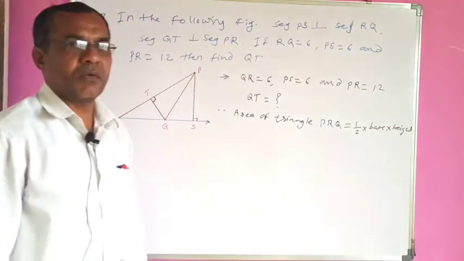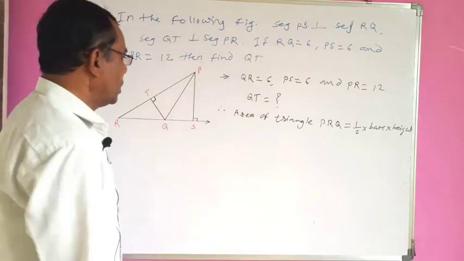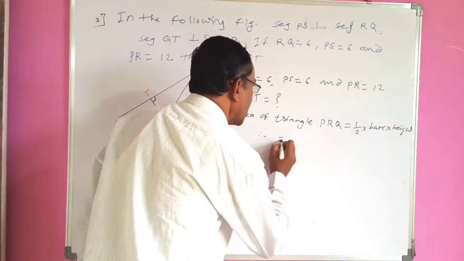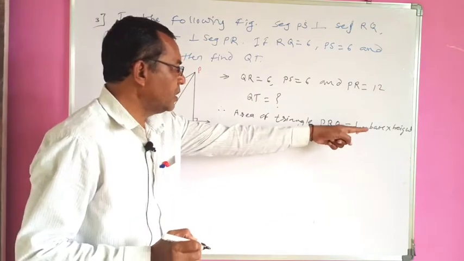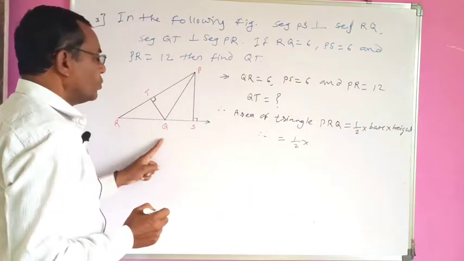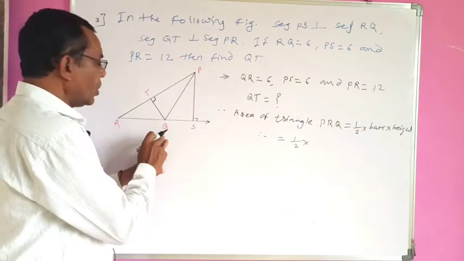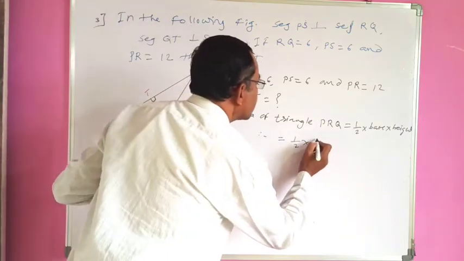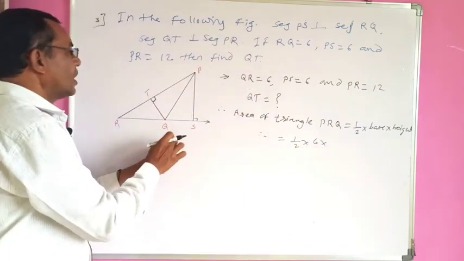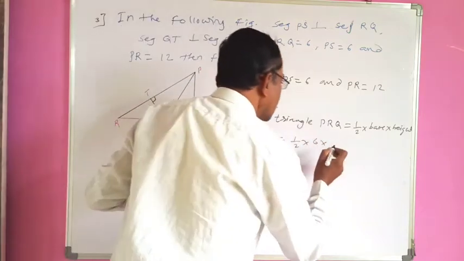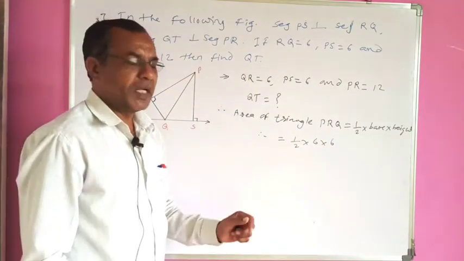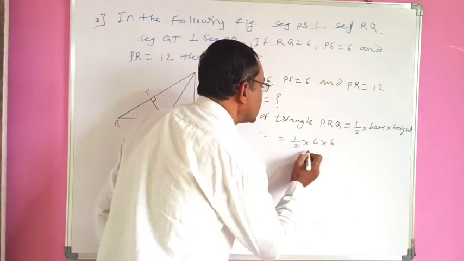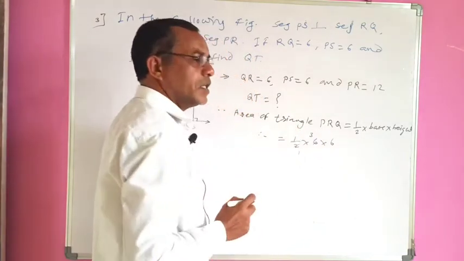This is the formula for area of triangle PRQ. Now we will put the values: 1/2 into base. What is the base? RQ or QR is given here, 6, into height, which is PS. PS is also given to you. Now we will cut by 2 here. 2 ones are 2 and 2 threes are 6.